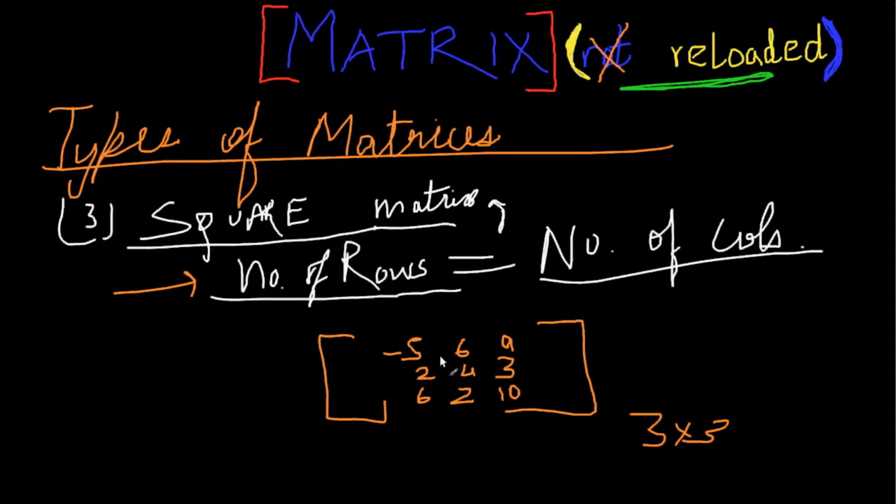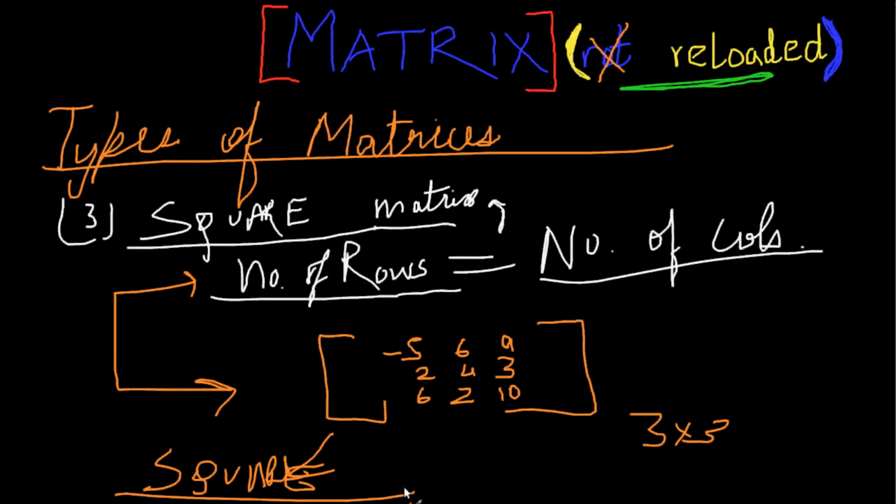If you've seen this for the first time, guys, as I told you earlier, a matrix can have any entry, any element, anything you want to put in there, right? Because here is my matrix. It's got 3 rows and 3 columns, and this is as simple as it is. It is a square matrix. Again, just a recapitulation, a square matrix is a matrix where the number of rows equals the number of columns of the same matrix.